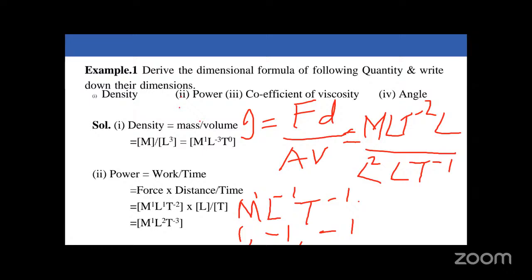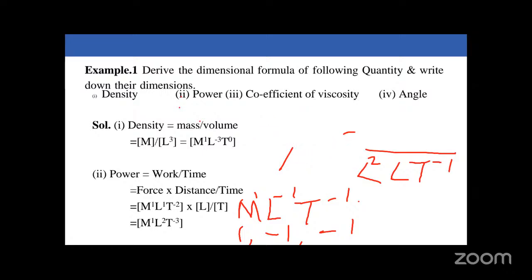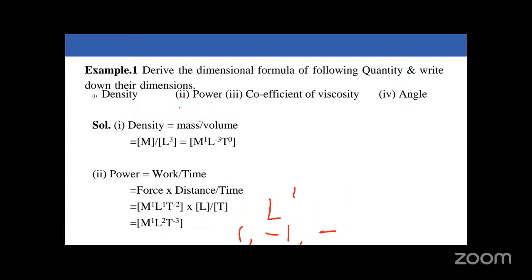Right. So finally, the last example is angle. In our previous slide, angle was mentioned as one of the examples of dimensionless quantity, which means it has a unit of 1, but no physical unit. So if it does not have a physical unit, it means it is dimensionless.